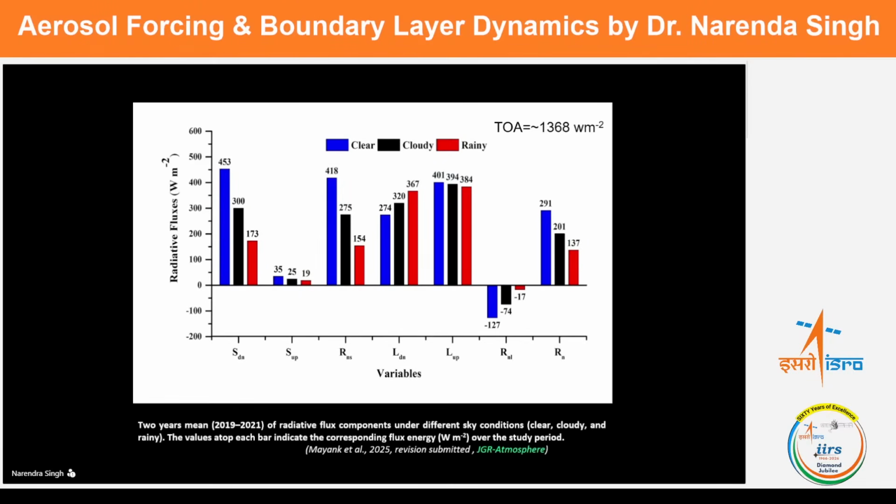But then what happens when radiation comes, it is absorbed by various surfaces or material on the surface of the Earth and then re-radiated back as outgoing long wave radiation, what we generally call OLR. So if you see these radiations under different sky conditions, net downward short wave upward is very low compared to the incoming solar radiation.